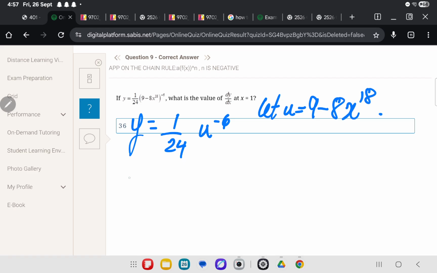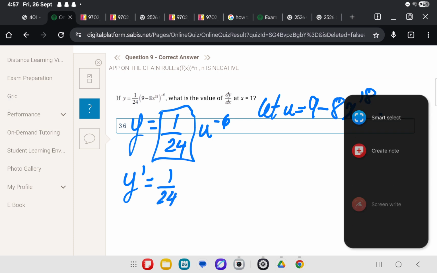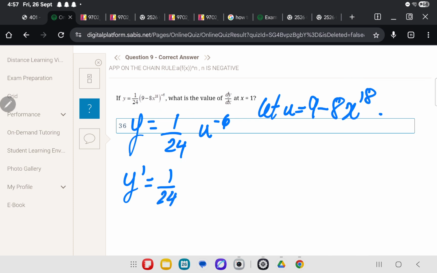Okay, so y prime is just going to be 1 over 24, because remember, whenever I have multiplication and I have a constant, the multiplicative constant never gets derived. So I take this down, I keep it the same. 1 over 24 times n u to the power of n minus 1 times u prime. Okay, so this is essentially my modified chain rule, because I have a constant.